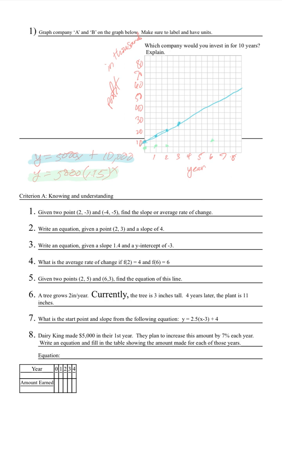And let's see what happens at 8. So if we took 1.15 to the 8th power, and then multiply that times 5,000. Oops, clear, I have to do it again. 1.15 to the 8th power times 5,000. We get 15,295. So at 8 is about 15,295, so about right here.